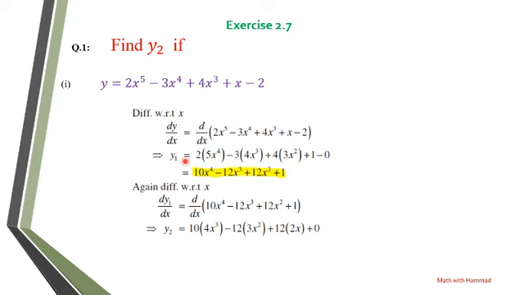This is the value of y1. Now again differentiate with respect to x to find the value of y2.